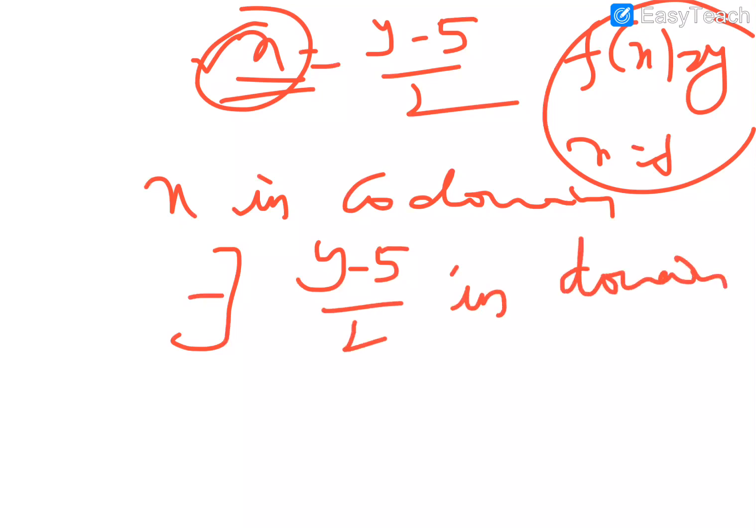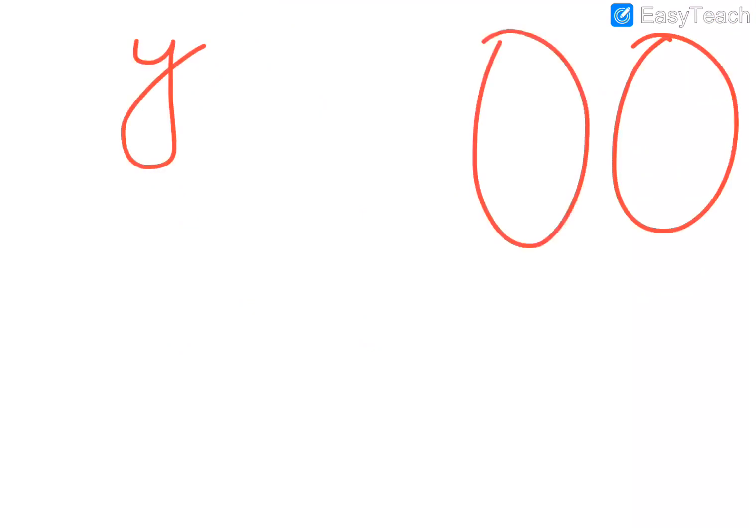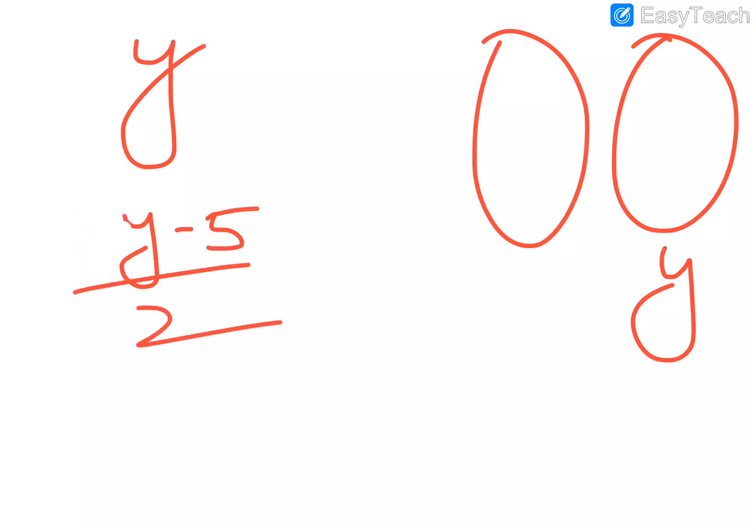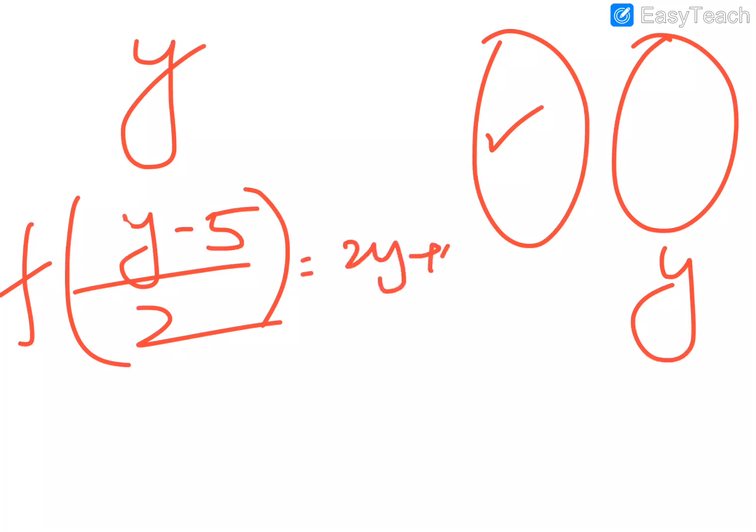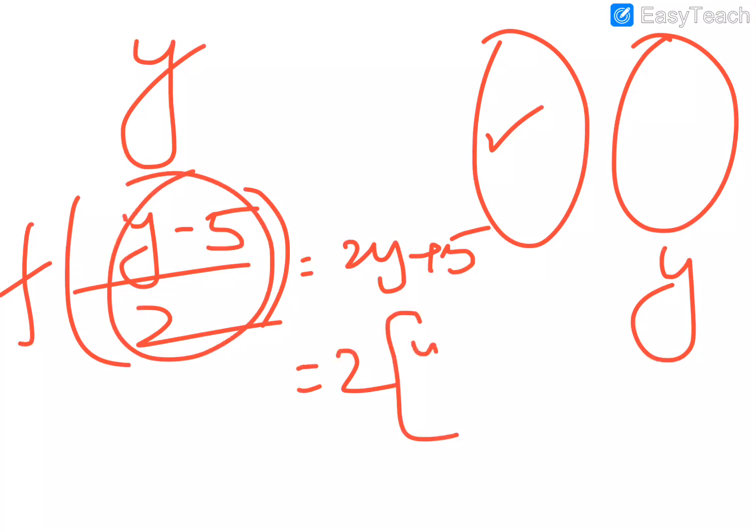domain, meaning whatever element y we take from codomain, if you write the formula y minus 5 by 2, you will get its pre-image. So let us substitute this: f of y minus 5 by 2, what will come? 2x plus 5 is equal to 2 into y minus 5 by 2 plus 5.